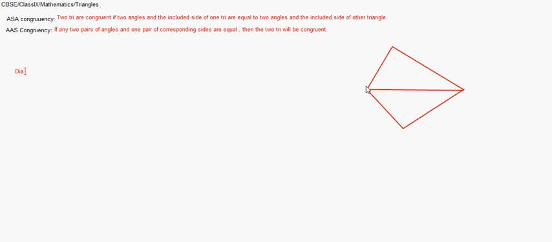In this figure, the diagonal AC of quadrilateral ABCD bisects the angles A and C. We have to prove that AB is equal to AD and CB is equal to CD.